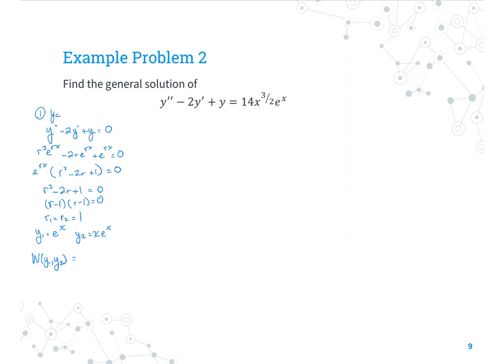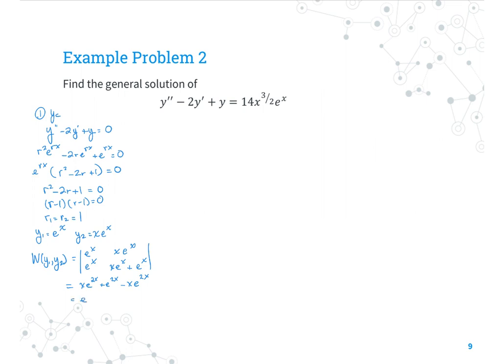So let's do that. And we have e to the x for y1, whose derivative is e to the x. We have x e to the x for y2. So now this time we're going to have to use the product rule. So we'd have x e to the x plus e to the x. So the Wronskian here ends up being x e to the 2x plus e to the 2x minus x e to the 2x.